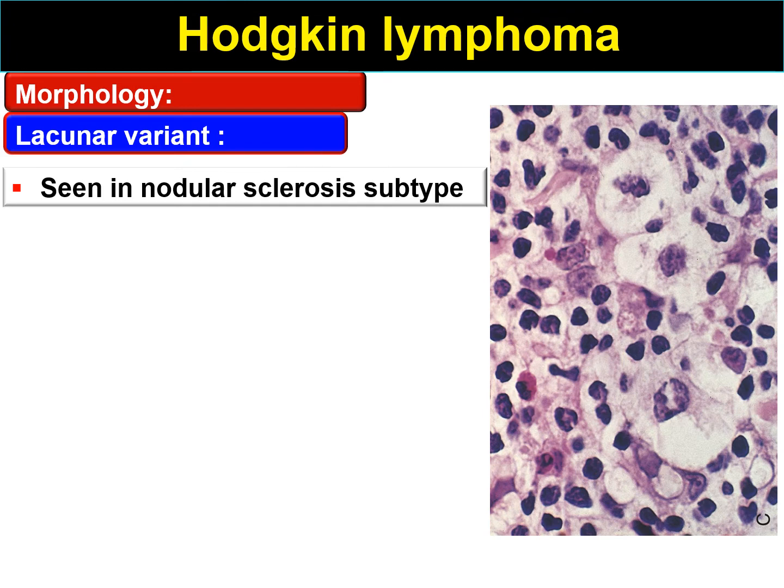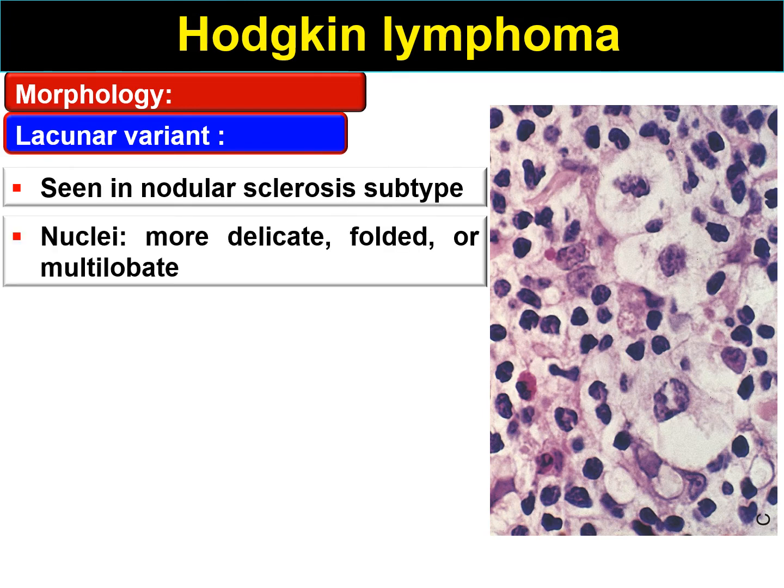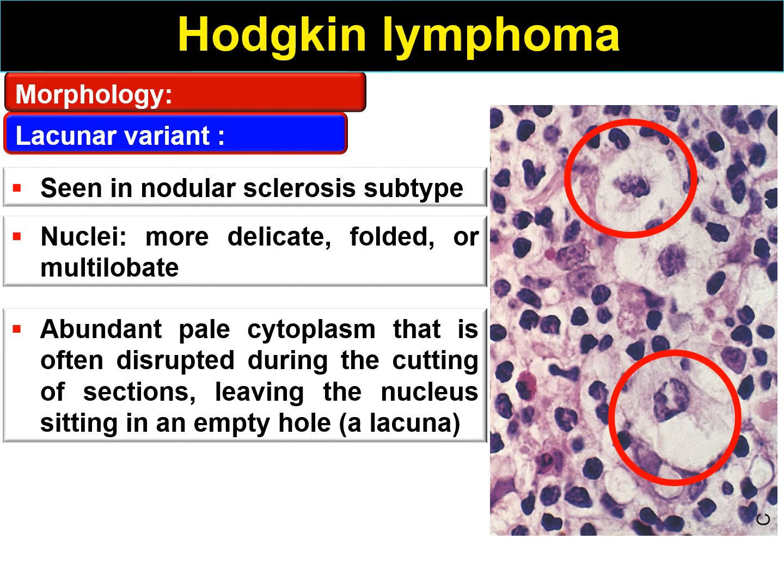It is seen in nodular sclerosis subtype, and nuclei are more delicate, folded or multilobate. There is abundant pale cytoplasm, and this is disrupted during the cutting of the section and leaves a space behind, that is an empty hole, and this is termed lacuna and responsible for the name of this lacunar variant.